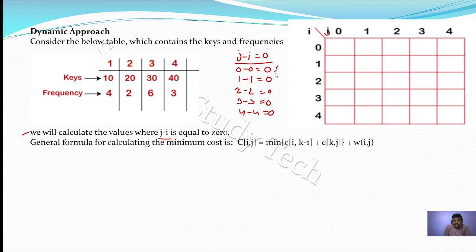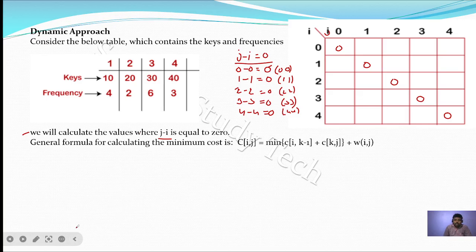So the i, j values are 0 0, 1 1, 2 2, 3 3, and 4 4. Here we consider 0 keys; you cannot consider any key. So 0 0 is 0, we fill with 0 here, 1 1 is 0, 2 2 is 0, 3 3 is 0, 4 4 is 0. This is the first step.